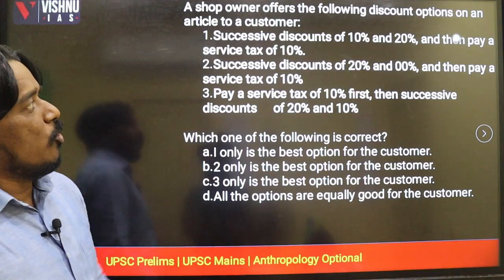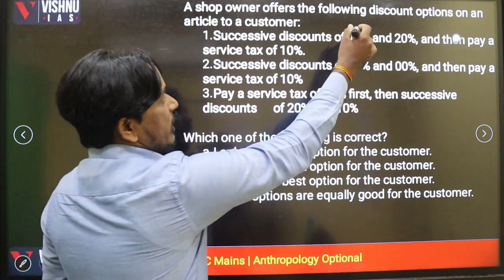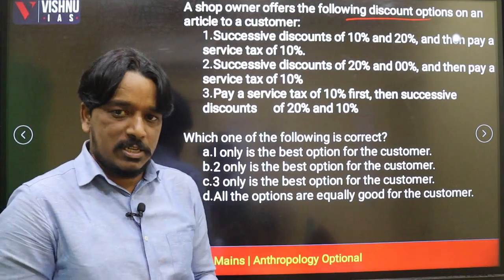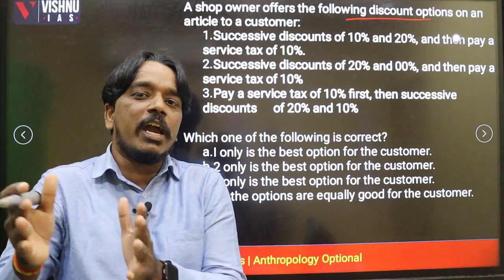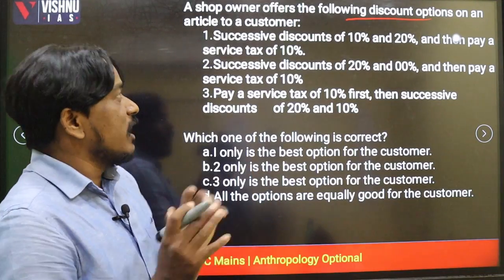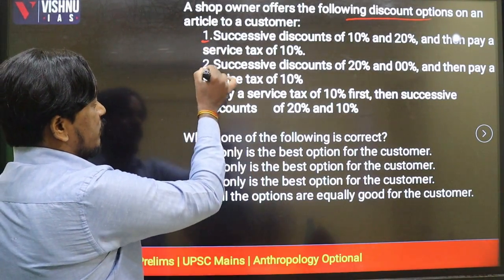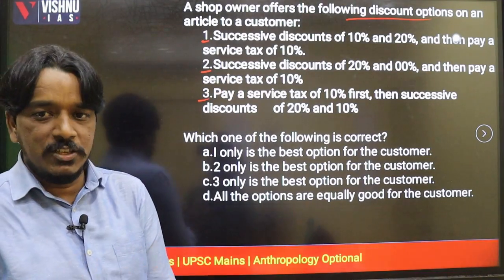Now, a shop owner offers the following discount options on an article to a customer. See, the shop owner is giving different kinds of offers to the customer. What discounts are they giving here? There are 3 different offers, and we have to observe all 3 carefully.